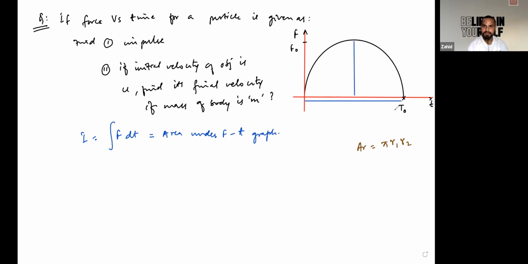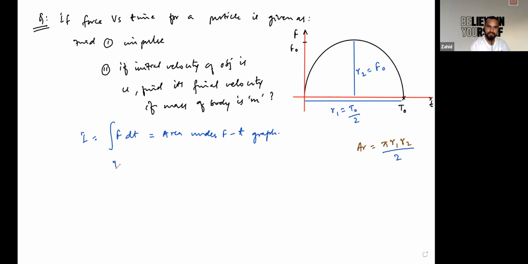So let's say this is your diameter. If you halve it, R1 is equal to t0 by 2, and R2, the radius corresponding to the y coordinate, will be f0. Since this curve is nothing but half of a circle, its area would be pi R1 R2 divided by 2.